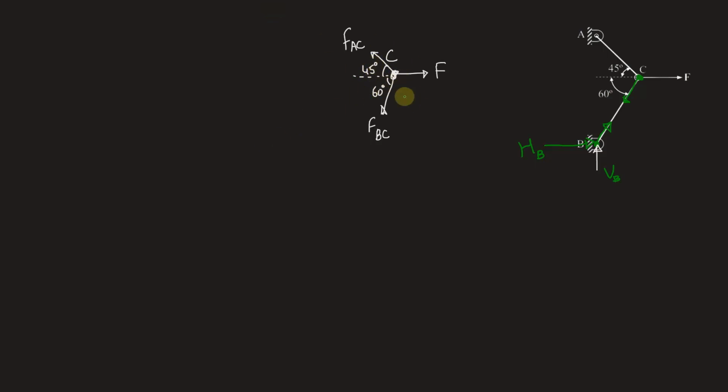Applying the equilibrium equations at this joint, first taking summation Fx equal to 0, we have minus of FAC into cos 45, which is towards the left. So we have minus FAC cos 45 plus F, and horizontal component of FBC is minus of FBC cos 60 degree, which is equal to 0.